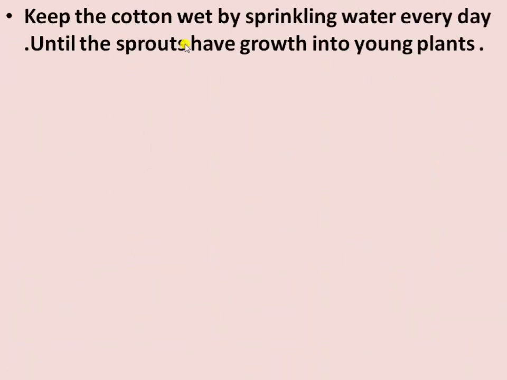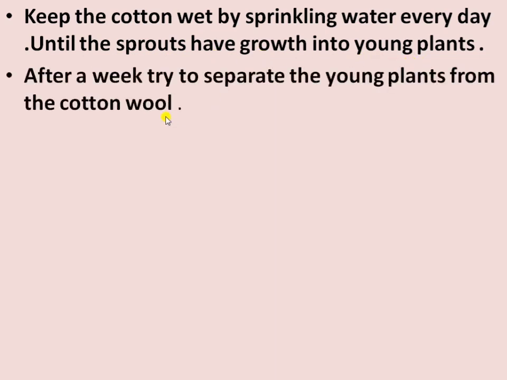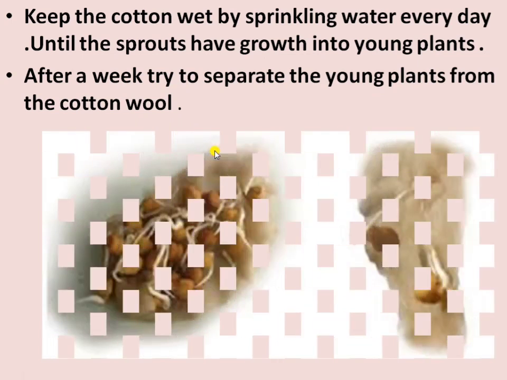Next is to keep the cotton wet by sprinkling water every day until the sprouts have grown into young plants. After a week, try to separate the young plants from the cotton wool.